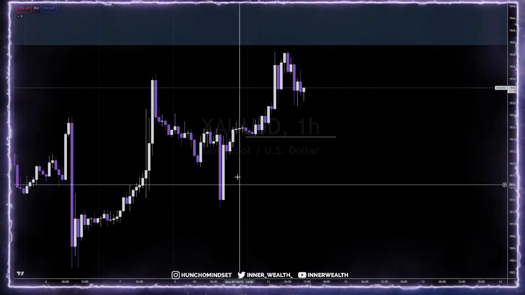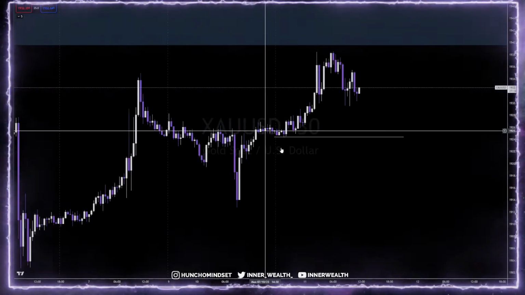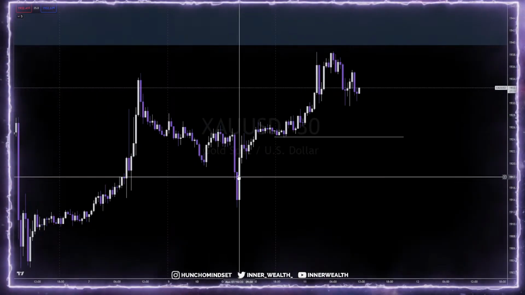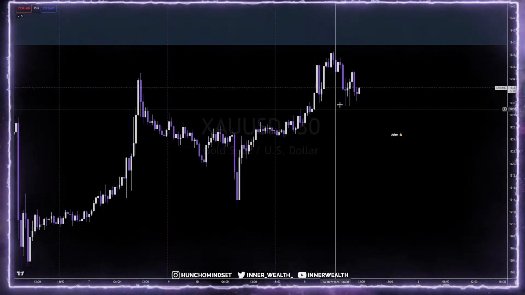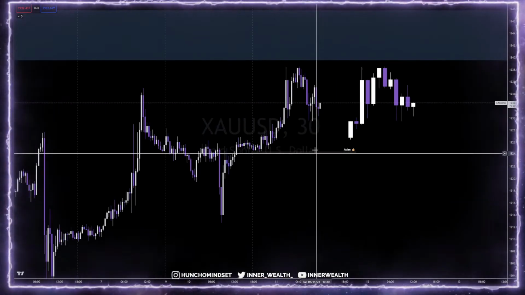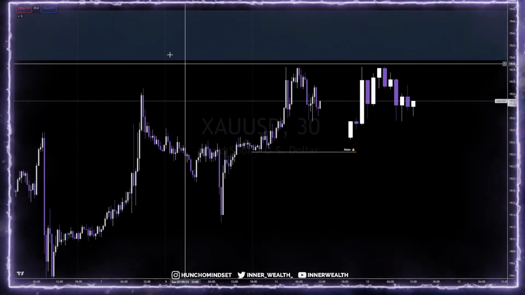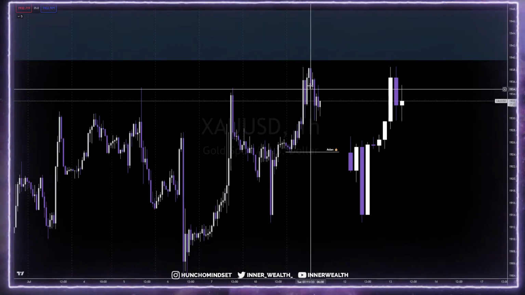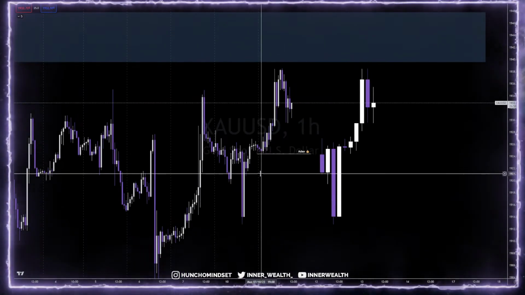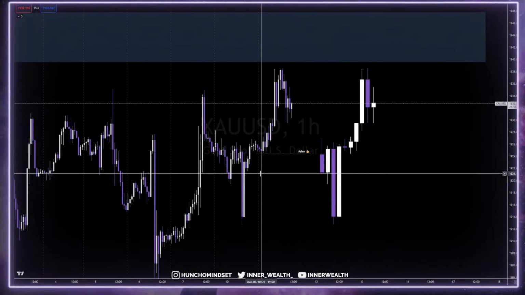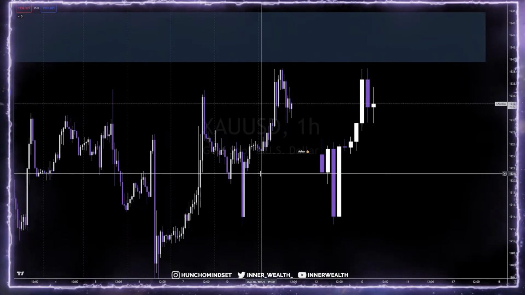A return back into this previous area of accumulation down here. This whole push down with this internal liquidity. I would love to see some longs out of that area. Currently, it may accumulate and go higher, but I'd wait for the optimal entry, like the nice higher probability setup.